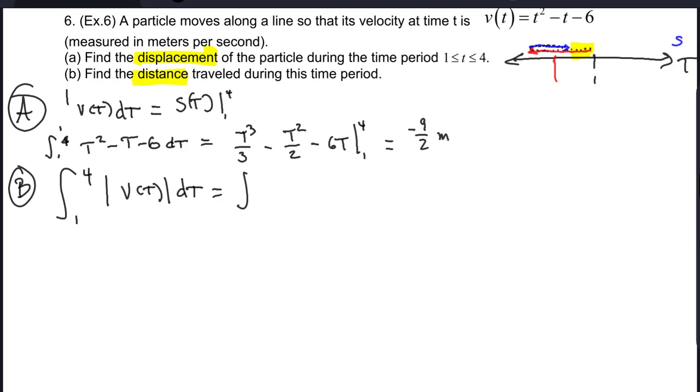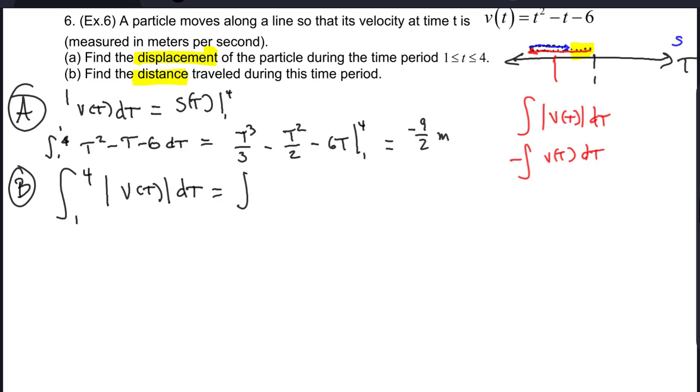It's the red part. So what we need to do is integrate the absolute value of velocity on the red part. The velocity is negative, so we need to make it opposite to get the distance. So we would be integrating the negative of the velocity, and that would give me a positive red number.